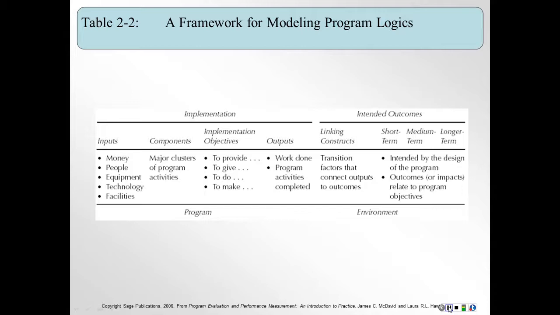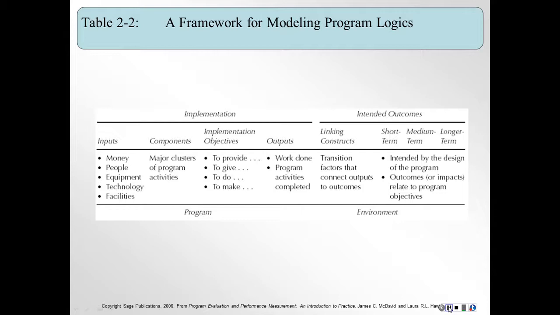While those tables are interesting as examples, Table 2-2 is probably the more important one for you to spend a little time looking at and studying and perhaps attempting to memorize. It contains the essential features of a program logic model. In fact, one could say that it's the model of what a program logic model should contain.